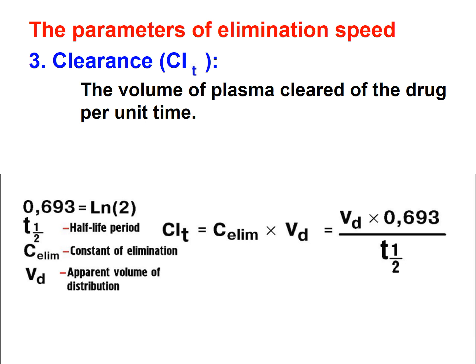In simple words, clearance is the volume of blood plasma that is cleared of the drug molecules per some unit of time, for example, per minute or per hour. Clearance can be calculated by this formula: if we multiply the elimination rate constant by the volume of distribution, we will receive total clearance.